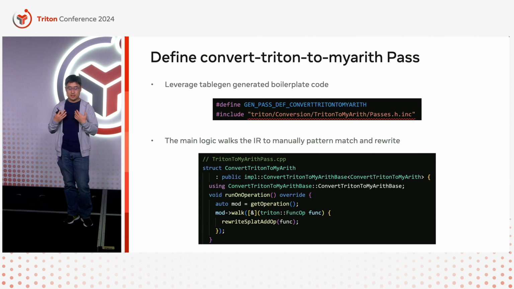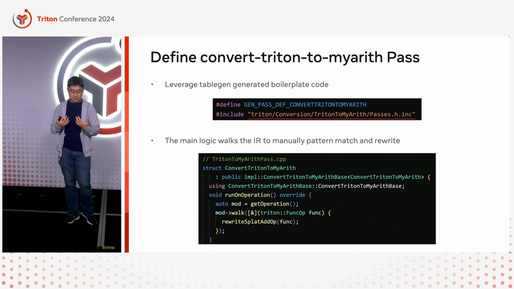Now, to actually define this pass, we'll use the TableGen generated boilerplate code. And that greatly simplifies the amount of code that we actually have to write as a human. But the main logic essentially is summarized in the screenshot below. So the main function is this runOnOperation, in which we will use the capability that MLIR provides for us to hierarchically walk the IR structure.